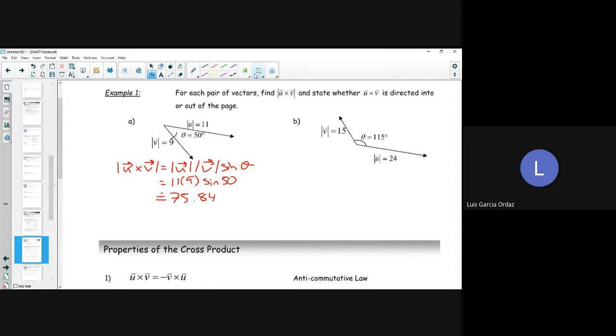Because my theta is an acute angle, based off the diagram on the first page, I can conclude that my direction is going into the page.